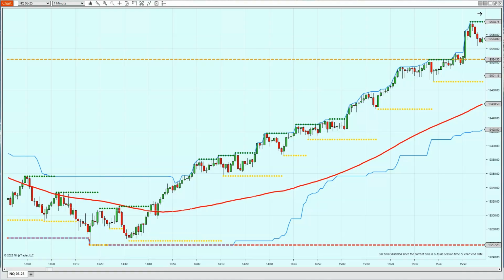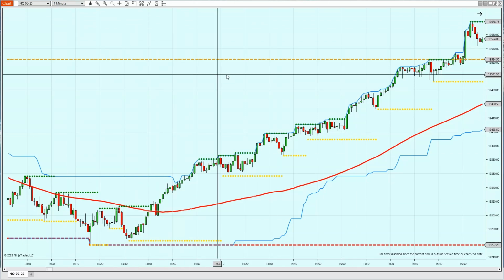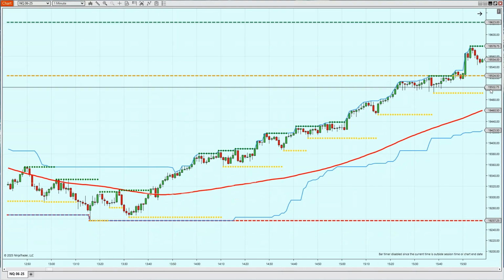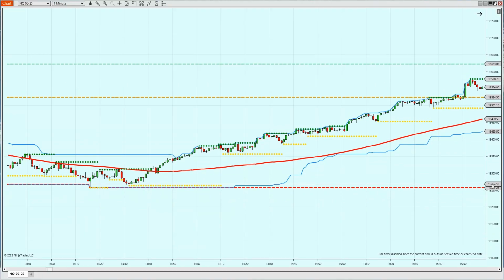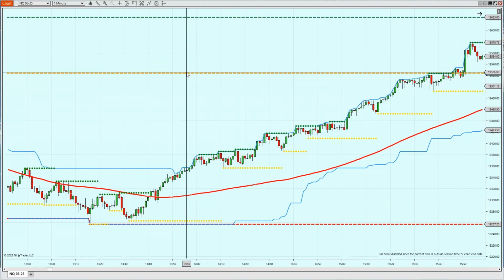Okay. So, this is the NQ. And this is a day where the NQ is, let's see here. Where's the prior day close? It's got to be on top of that. Yeah, it's got to be on top of this.